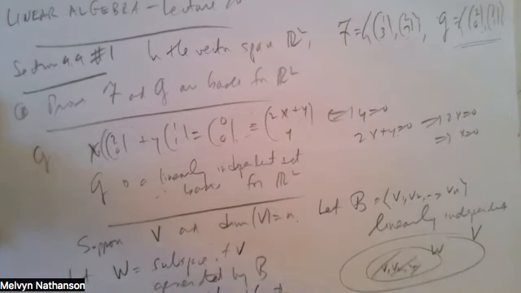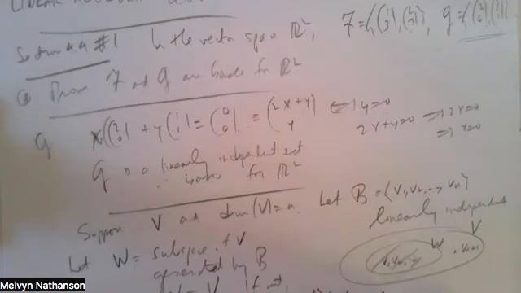If not, then W is a proper subset of V. So there's some other vector, let's call it Vn plus 1, which is in V, but not in W. But then the set of vectors V1, V2, up to Vn, and then throw in Vn plus 1, is linearly independent.